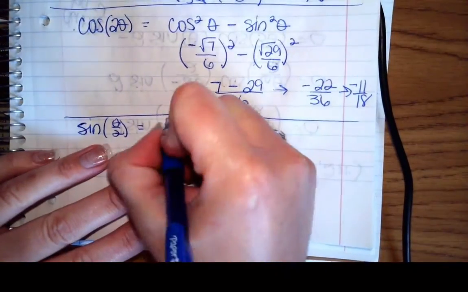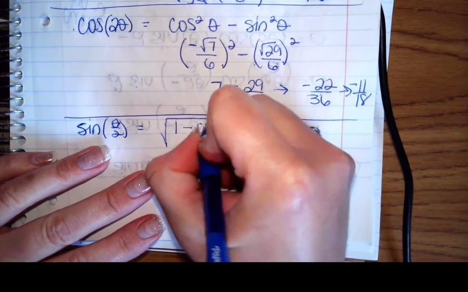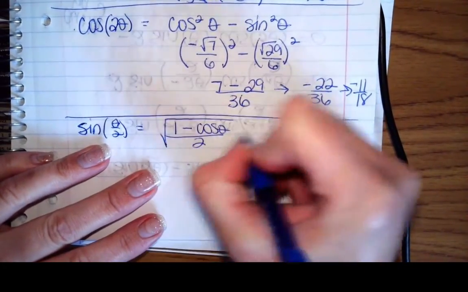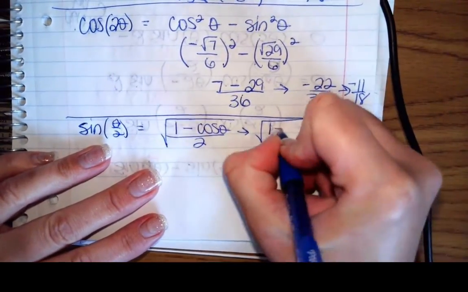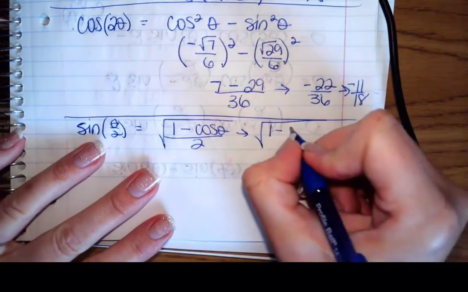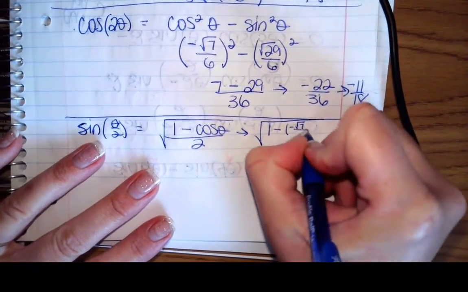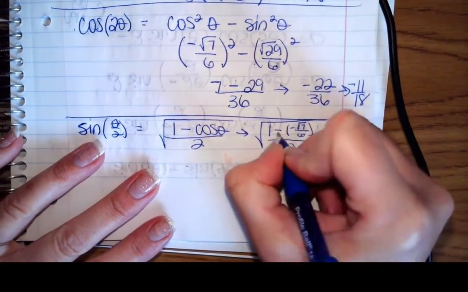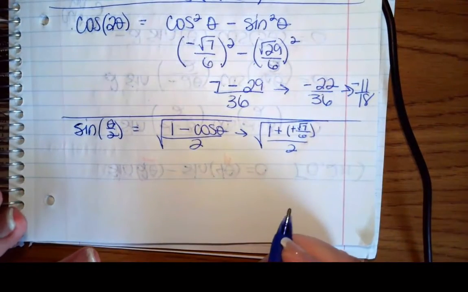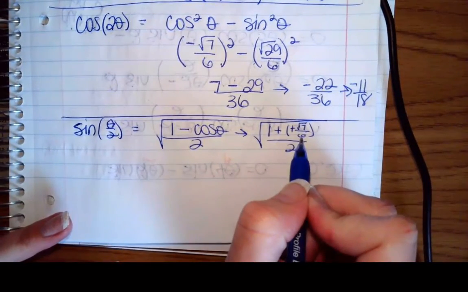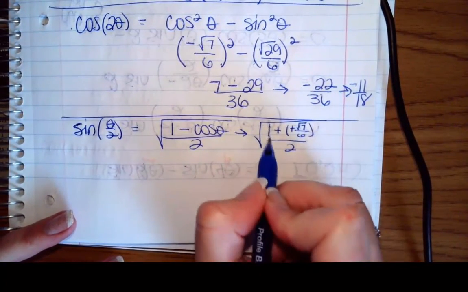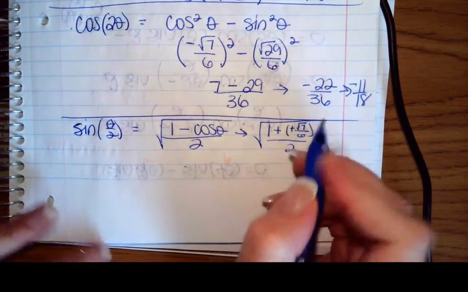So I've got the square root of 1 minus cosine theta over 2, which is going to be 1 minus the cosine, negative root 7 over 6, over 2, which becomes 1 plus root 7 over 6. I need a common denominator on top, which is 6. So this is going to become 6 over 6, so 6 plus root 7 over 6.